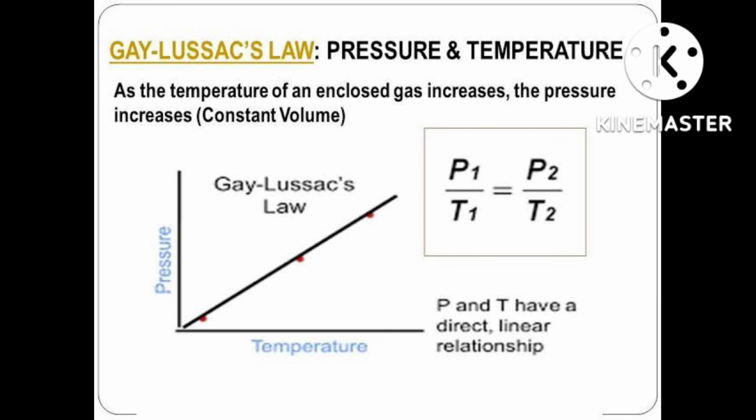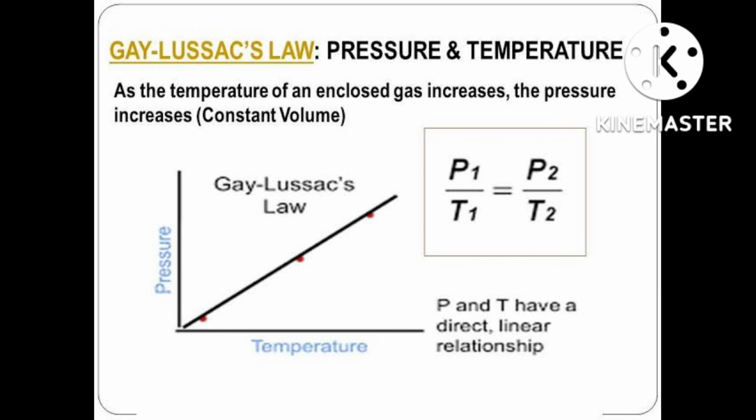When volume is constant, that straight line graph in the case of Gay-Lussac's law, pressure versus temperature, is called an isochore. Now I have finished Gay-Lussac's law also.